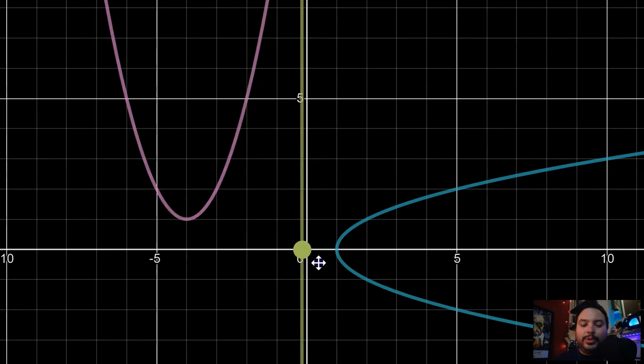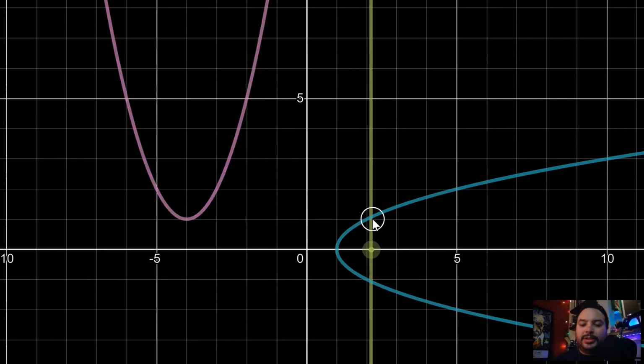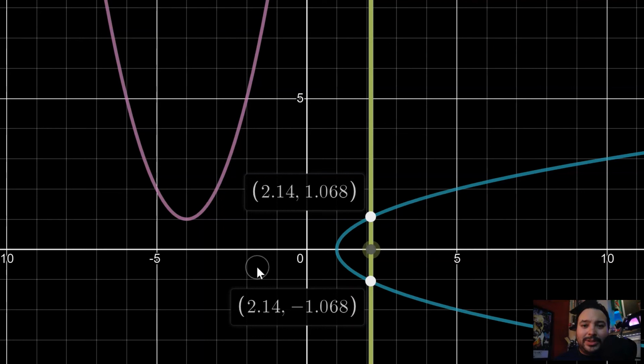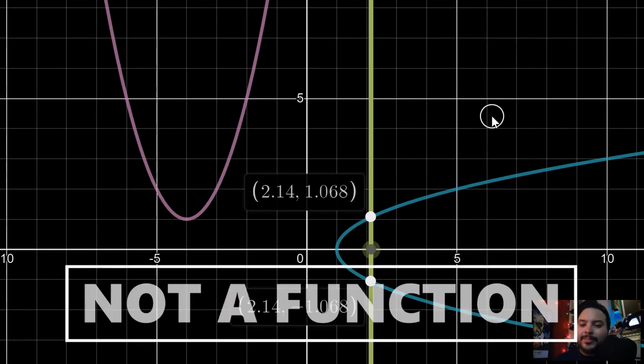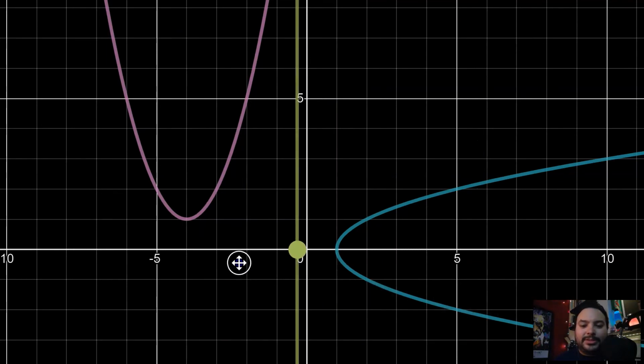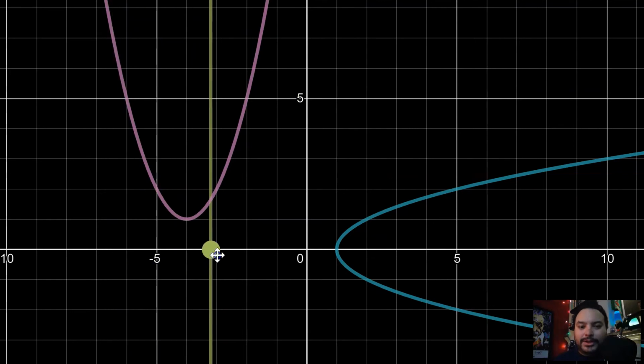However, if I look at the blue relation over here, you'll notice that it crosses in more than one place. So this vertical line is touching the graph at 2.14, 1.068 and 2.14, -1.068. So clearly we have a cheating x. So our blue relation here is a non-function, and our pink relation appears to be a function.